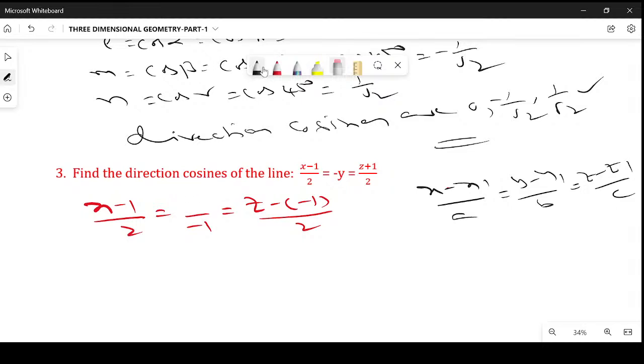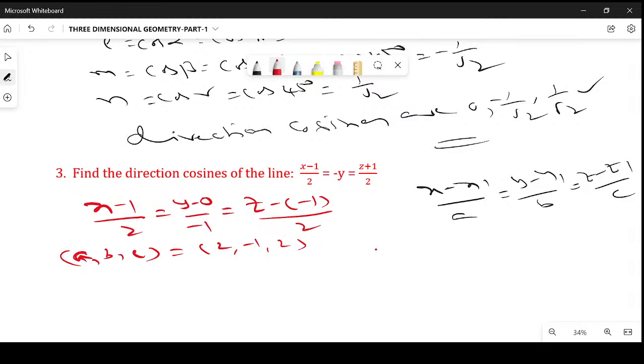In standard form, the point it passes through is 1, 0, minus 1, having DRs 2, minus 1, 2. They are asking for direction cosines, so I consider the DRs a, b, c equal to 2, minus 1, 2.